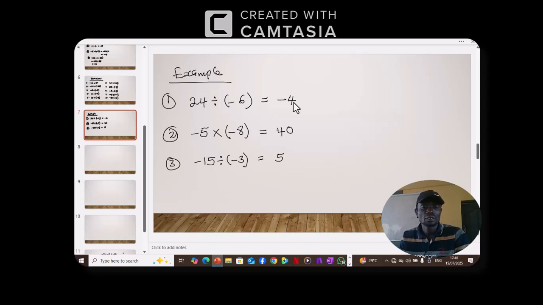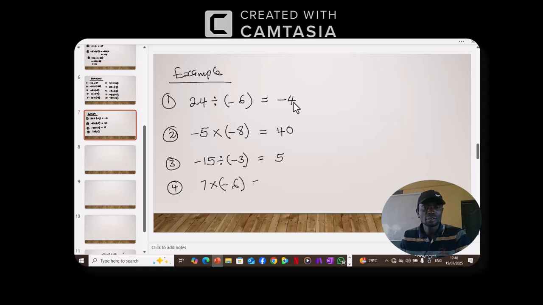Okay. Now, number 4, this is the last. Example number 4: 7 times minus 6.